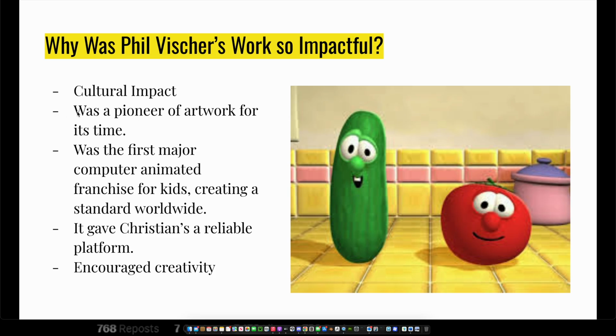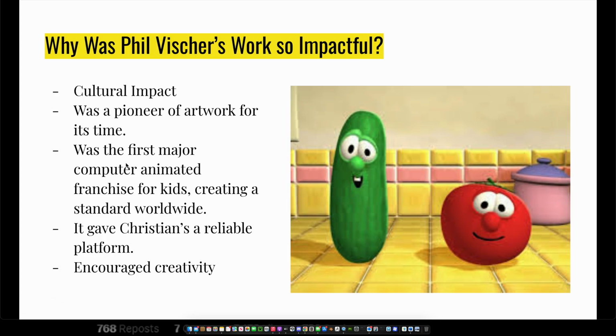And like I said, it was a pioneer of artwork for its time because they took simple shapes and turned them into characters that could move and express themselves. And not only that, but they used squash and stretch, which is kind of insane for CGI at the time.